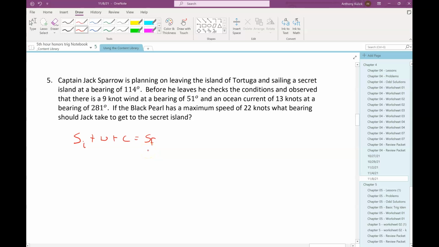So the final bearing needs to be 114. And the final speed, it says the maximum speed is 22. No, that's not what goes there. That should be over here.